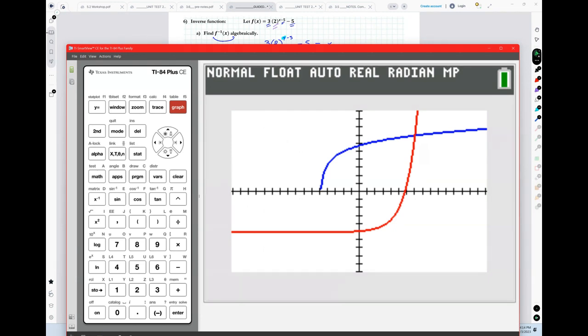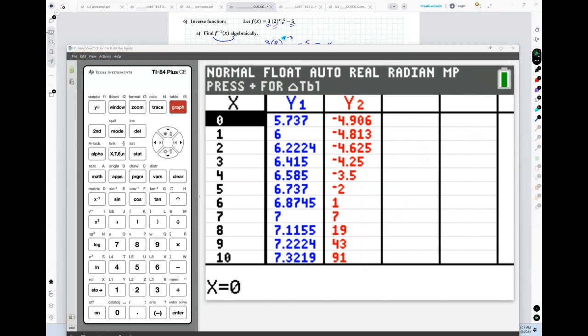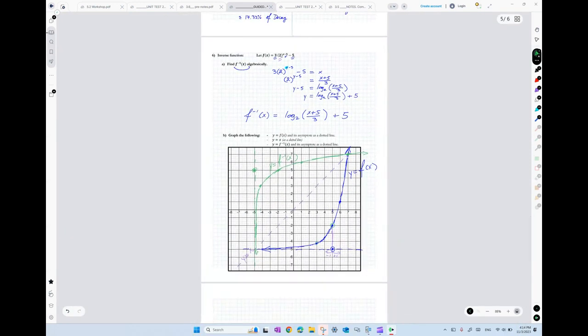And you can also eventually use second graph to get the table and have specific values for both. That's it. Good luck.